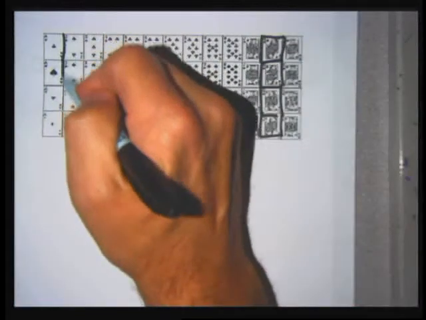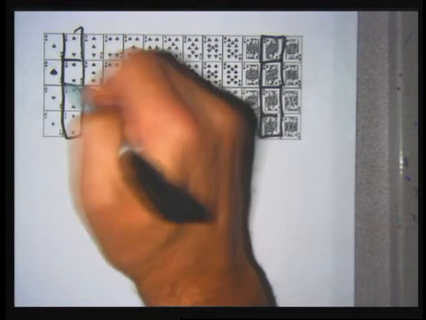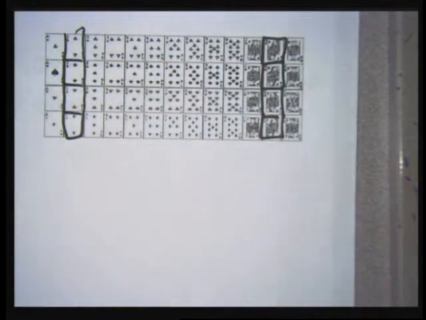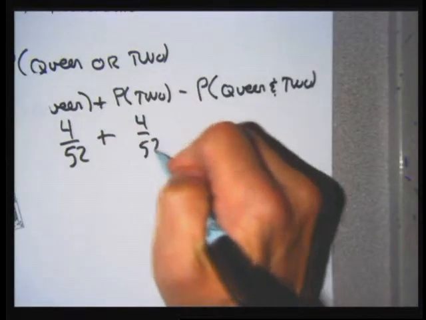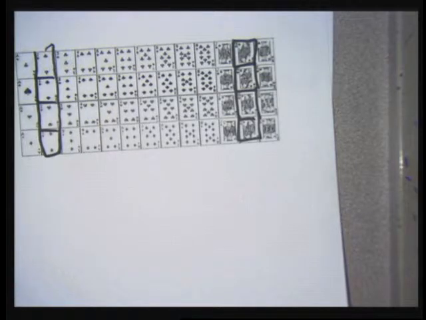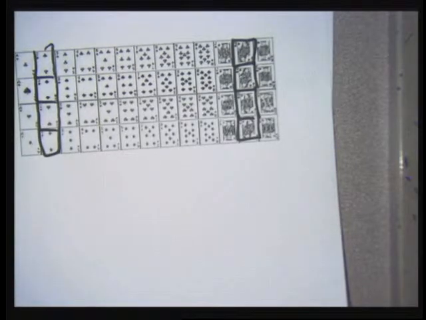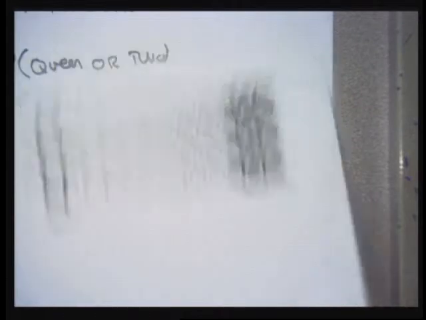And for a 2, it's the same 4 and 52 because there's 4 2s in my deck of cards. For the last fraction, the two sets are disjoint. There's no card that satisfies both the criteria of being a 2 and a queen. So the numerator for the last fraction is going to be 0 over 52.